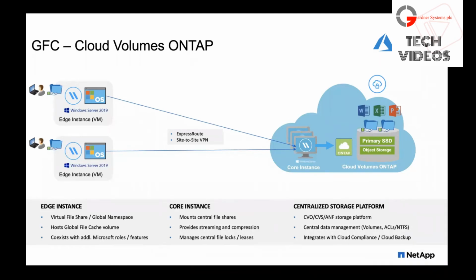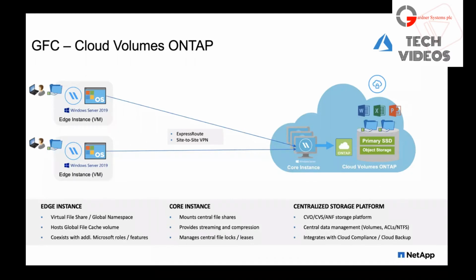So if you have large amounts of bulk data being written, we're streaming that effectively without any degradation or impact of the SMB protocol, because we're localizing SMB at the edge between the user's desktop and the local edge instance, and we're talking SMB between the core and the Cloud Volumes ONTAP instance. What's in the middle is what's called the GFC streaming protocol, which facilitates all the optimization that takes place on the wide area network as well.